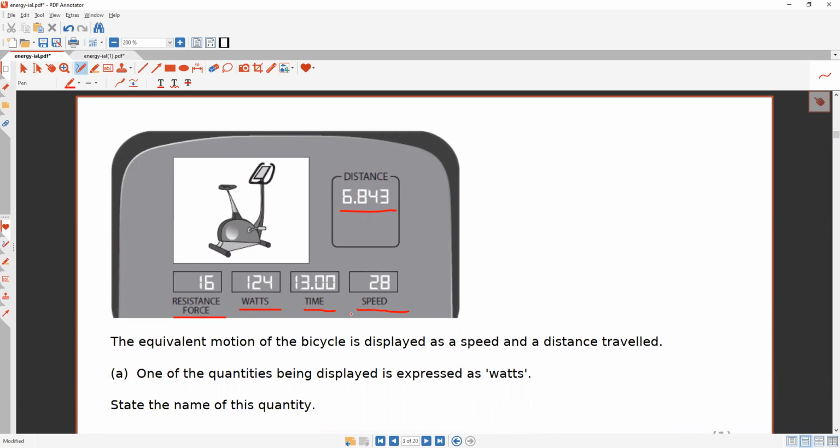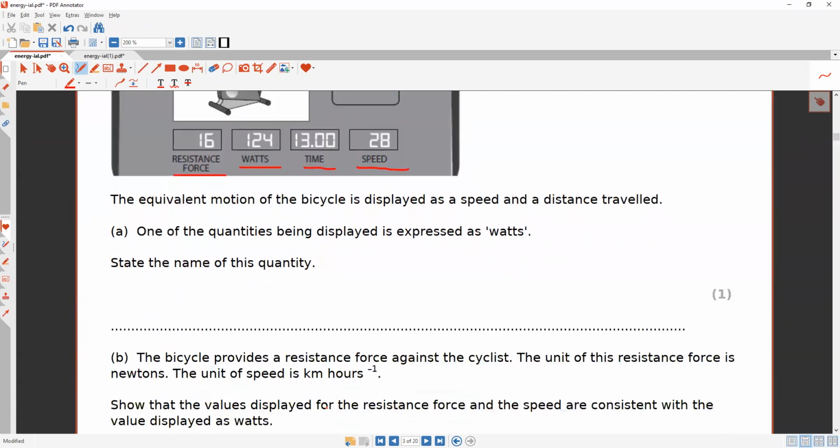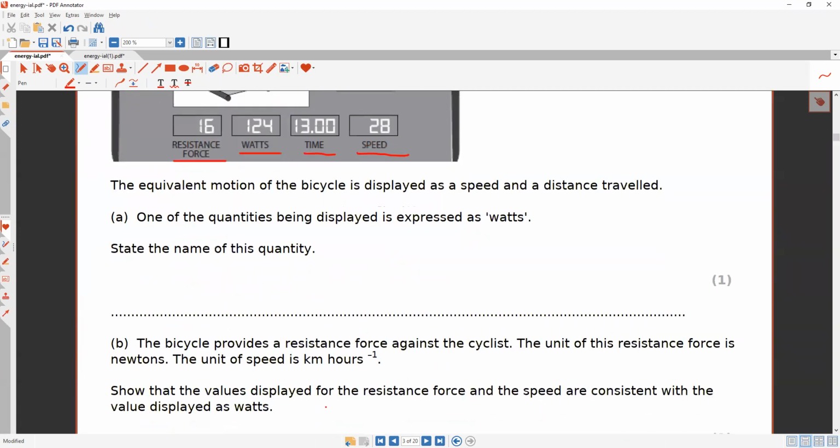The motion of a bicycle is displayed as speed and distance travelled. Guys, check. One of the quantities being displayed is expressed in watts. State the name of this quantity. Power. Power is measured in watts.